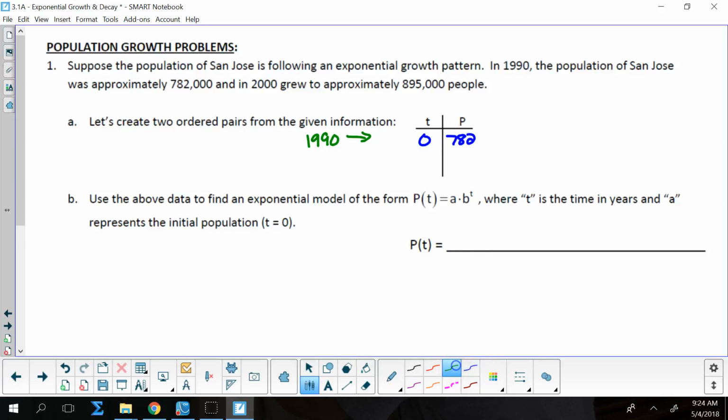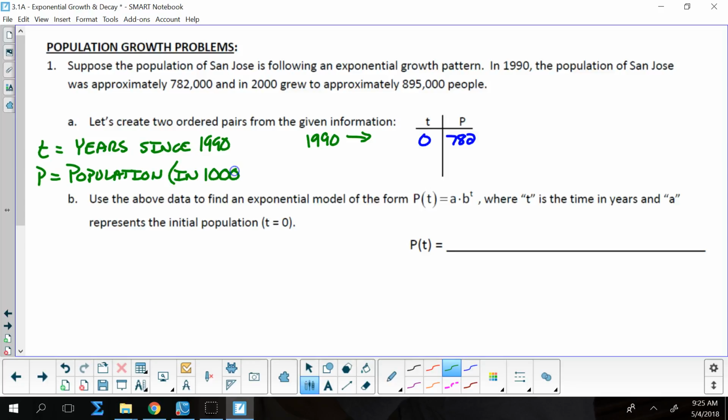And then we would have to say, t now is years since 1990, and P is population in thousands.